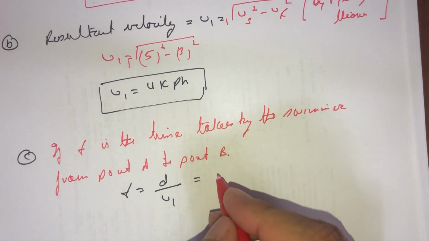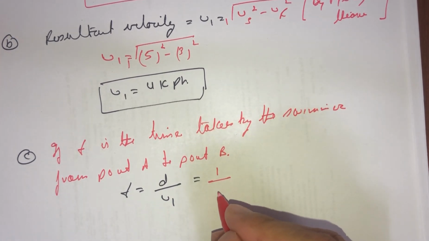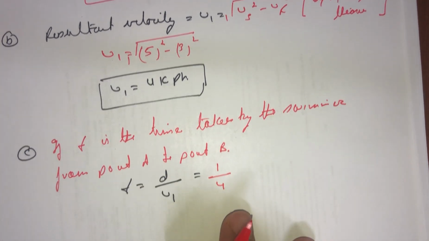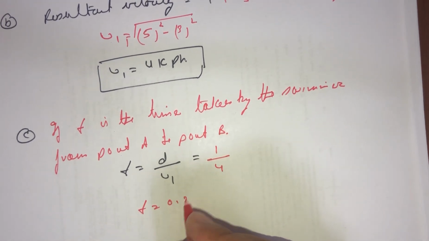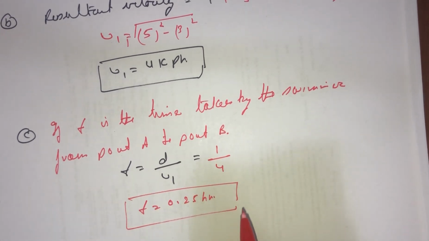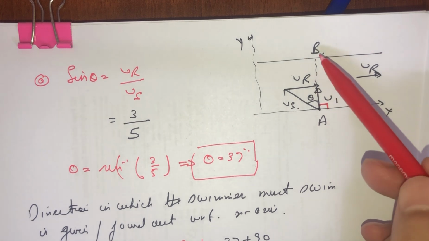D is given as 1, and V1 we already found is 4. So time is equal to 1 by 4, so T will be equal to 0.25 hours. This is the time it takes to cross the river from point A to point B.